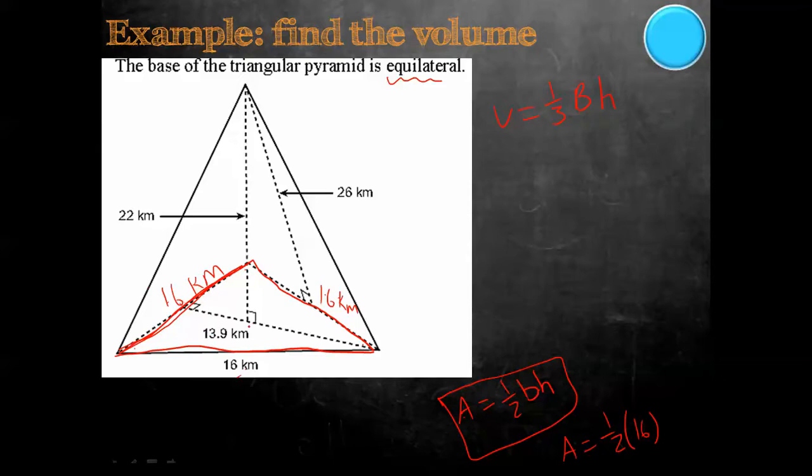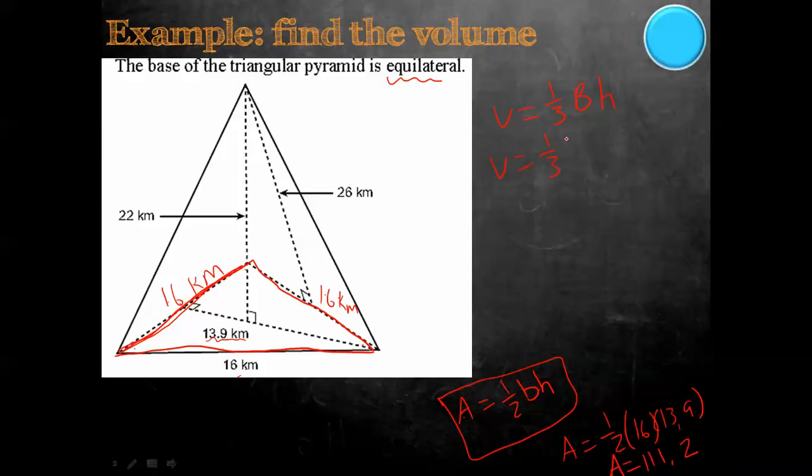The height of the triangle is 13.9. So we're going to say 13.9 times 16. We're going to divide that by 2, and we're going to get that area equals 111.2.